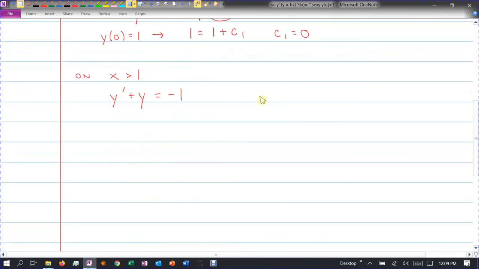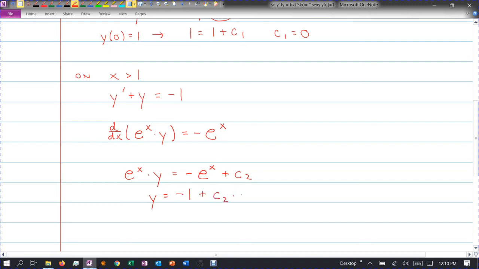And when we do that and go through the same story, we get d dx of e to the x times y equals negative e to the x, and then we integrate both sides, we get e to the x times y equals negative e to the x, so the antiderivative of that's just that, and then plus some other constant, and so that means that y is equal to negative 1 plus c sub 2 times e to the negative x.